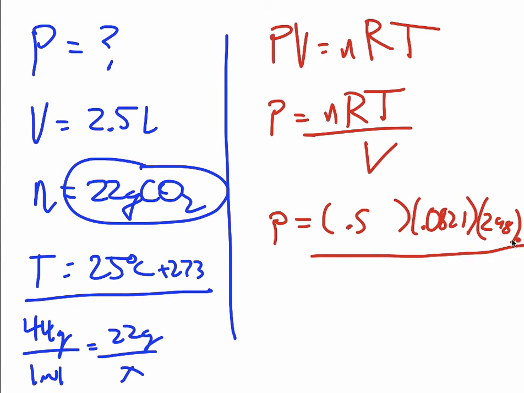And we're going to divide it by V, which is 2.5 liters. We're going to plug all of that in. So 0.5 times 0.0821 times 298, divided by 2.5 equals 4.9 atmospheres.